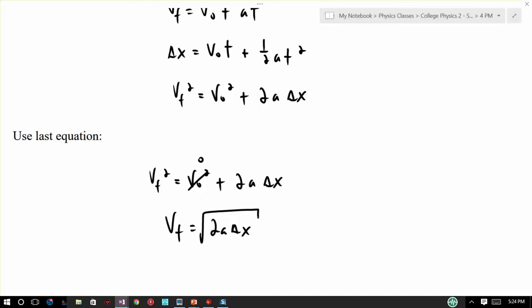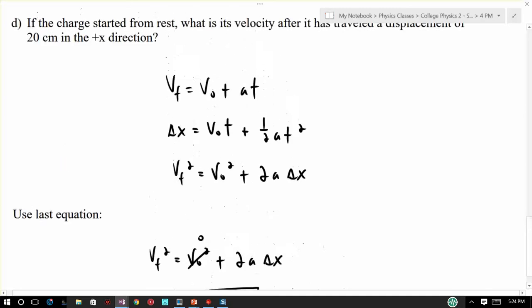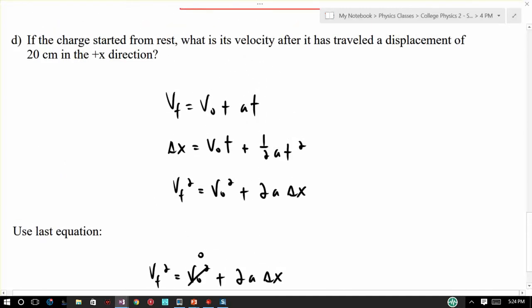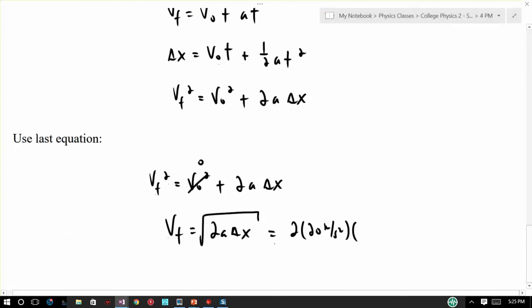Okay, so then we write in what these things are. So this is 2 times the a from the last part. This was 20. And then what is delta x from the given here? So 20 centimeters, right? But do we ever write in the distance or displacement in centimeters? No, it's always meters, right? So you've got to convert to meters.